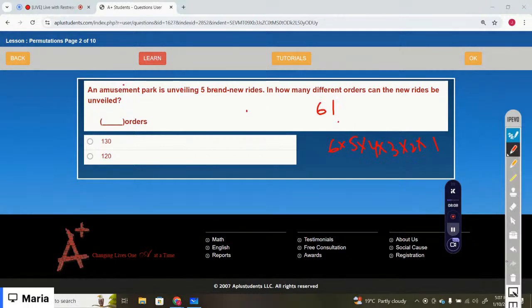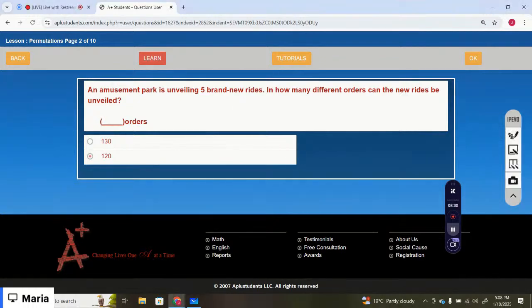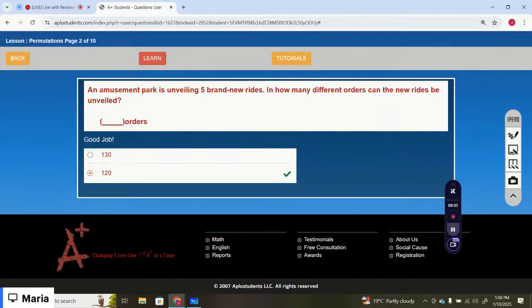So 5 factorial means you have to multiply all the numbers between 5 and 1. So you have to do 5 times 4 times 3 times 2 times 1. So which is the correct option? That is 120. Option number 2 is the correct option.